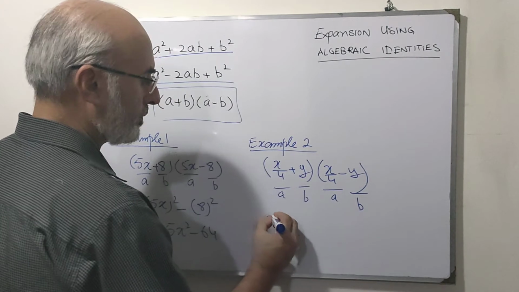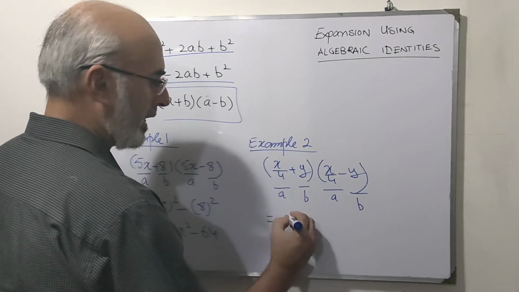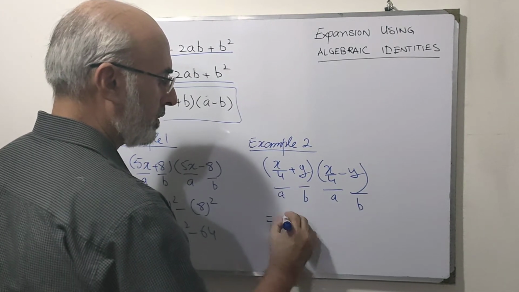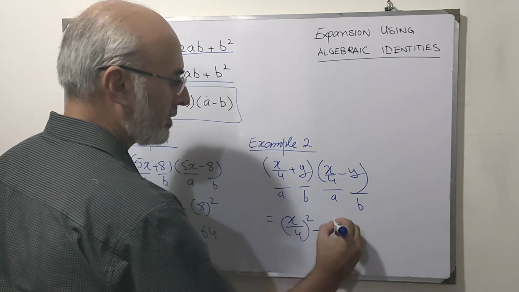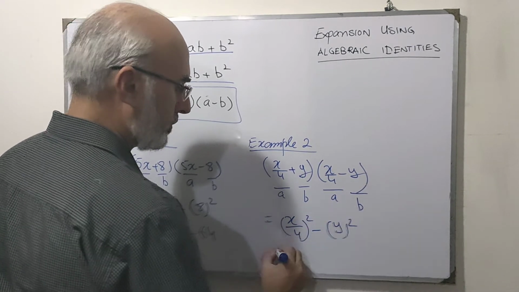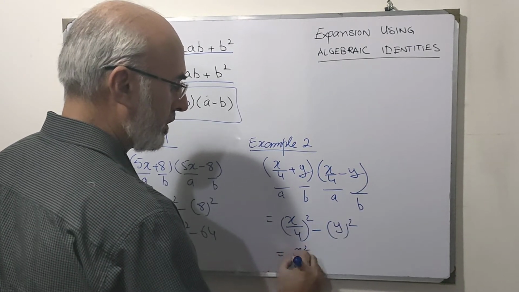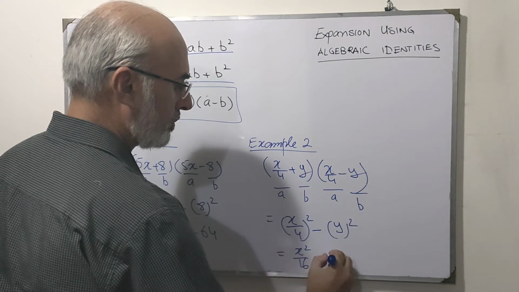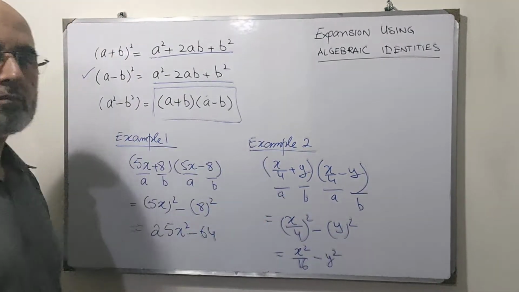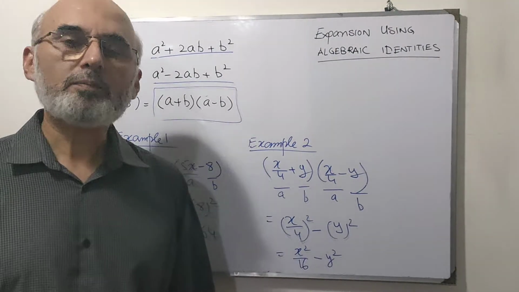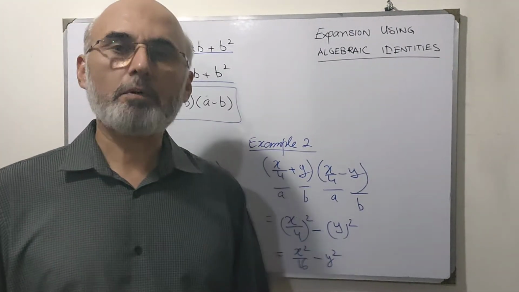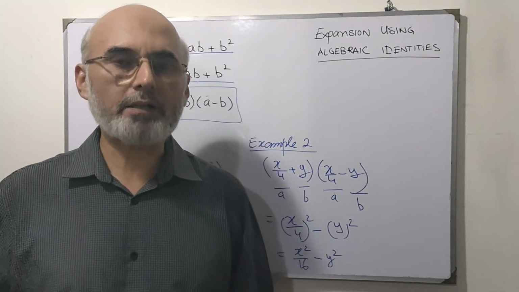So what we are going to do? a square, x over 4 whole square, minus y square. So we get x square over 16 minus y square. So pretty simple.